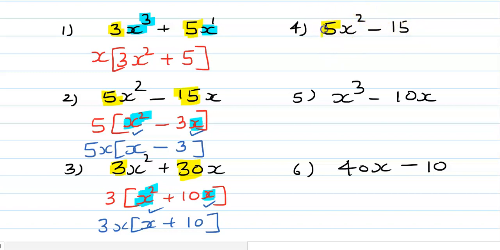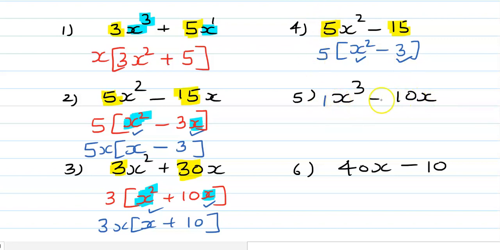Okay, 5x squared minus 15. Sort out your number first, that is 5 and 15. Okay, so 5 is out. So x squared left, and 15 divided by 5 is 3. So we cannot take out x because x is available here, but there is no x there, so we can leave this question here. Okay, now here x3 minus 10x, sort out the number first. So there is no number, it means 1 is there.